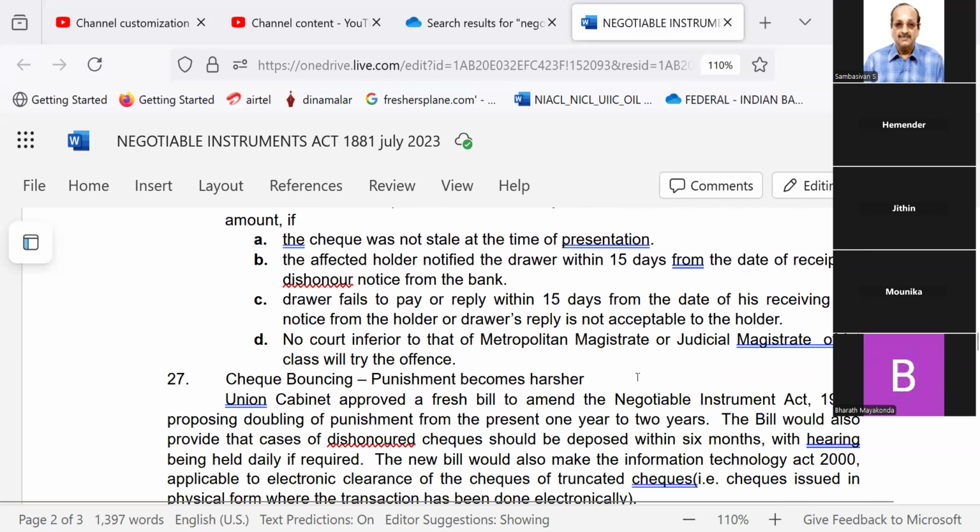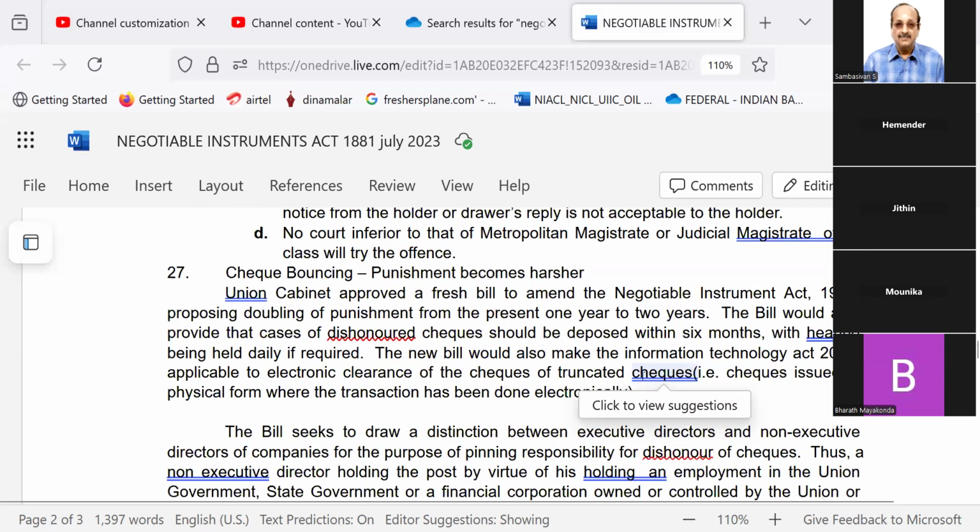Point 27. Check bouncing punishment becomes harsher. Union Cabinet approves a fresh bill to amend the Negotiable Instruments Act, proposing doubling of punishment from the present 1 year to 2 years.